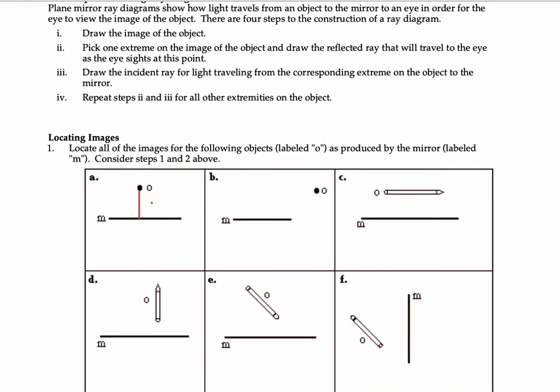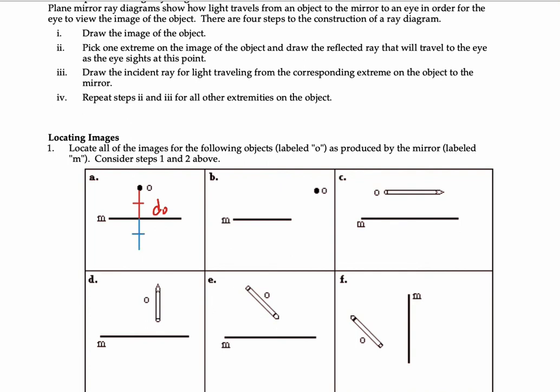Let me start that again. So this will be our object distance, and then we'll have the same length here for our image distance. Our image distance will be equal.